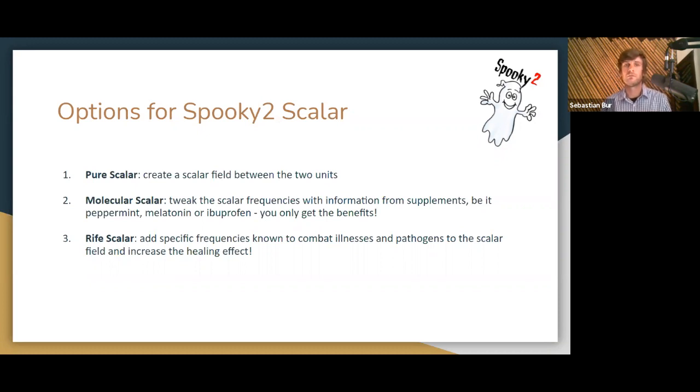As we know, Royal Rife discovered that certain frequencies can help with cancer. And so now if you add frequencies to the scalar field, you have the benefits of the scalar energy and the benefits of Rife.